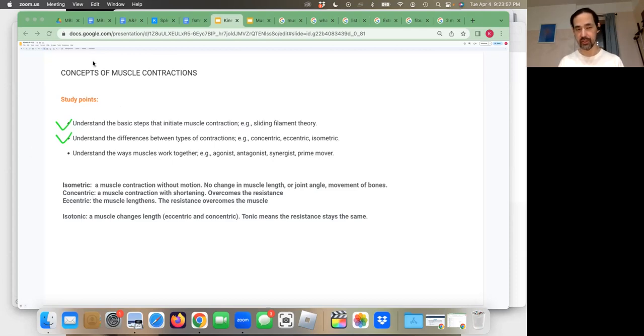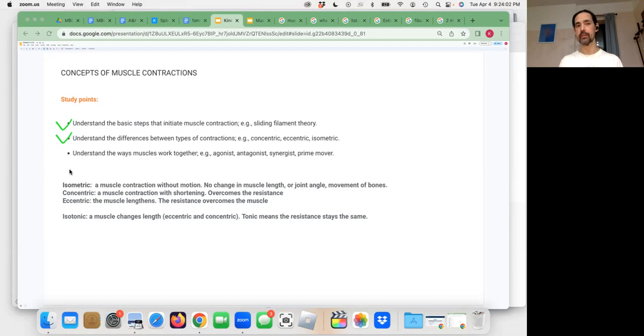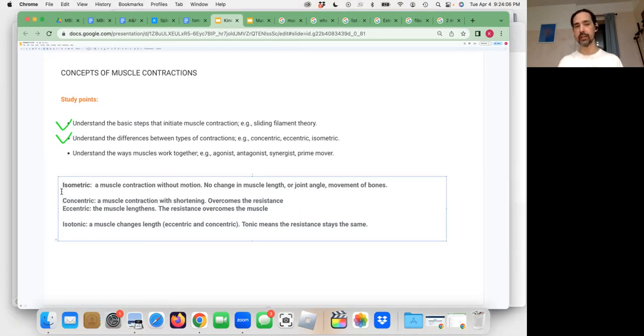Can you see the words on the slide? Am I sharing my screen? Okay. So isometric is the opposite of eccentric and concentric. With ISO, there is no movement, and with metric, there is the same length, or just length.